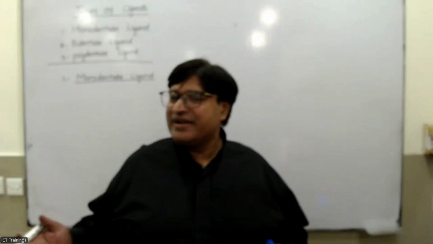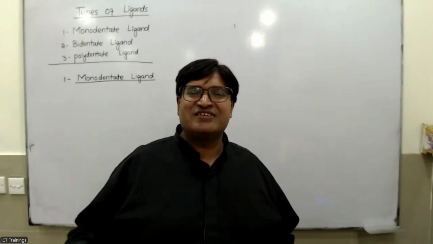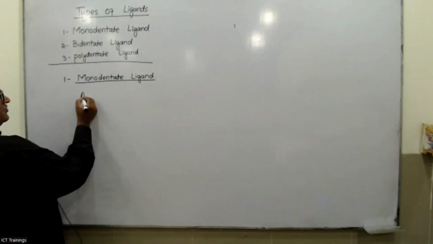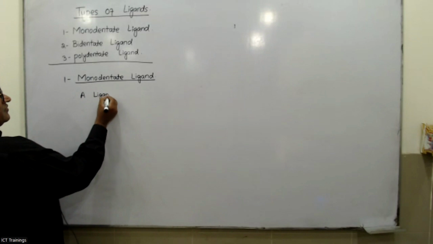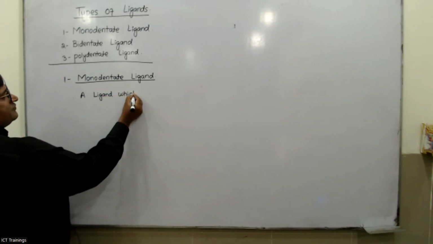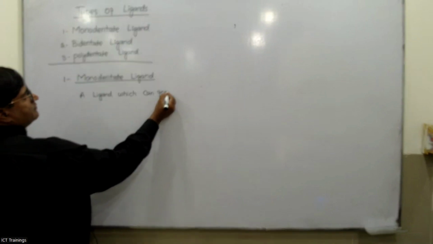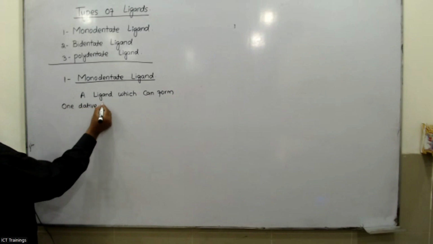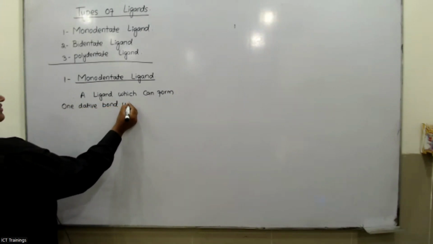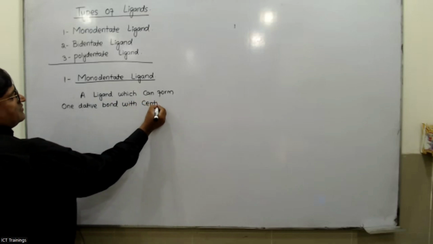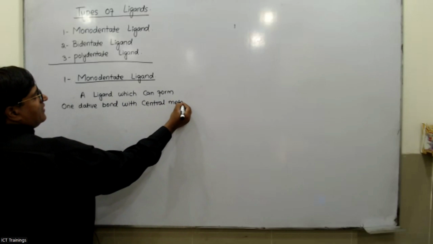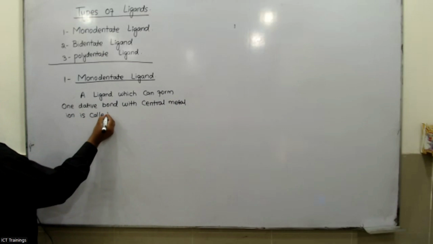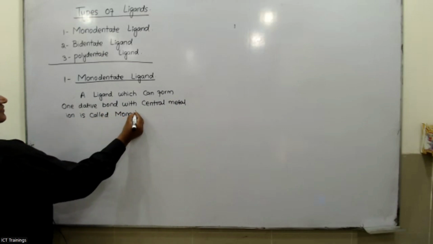So a ligand which can form only one dative bond with a central metal ion is called a monodentate ligand.